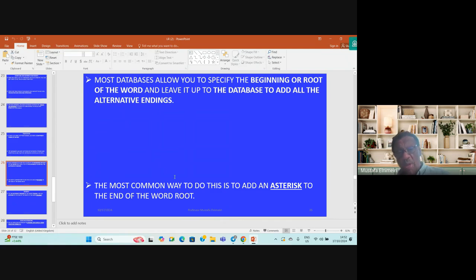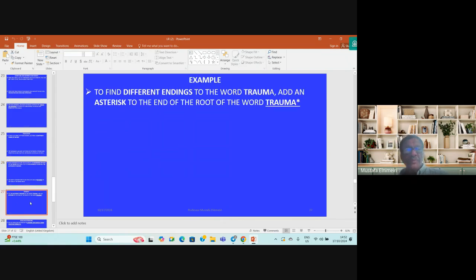The most common way to do this is to add the asterisk to the end of the word root. To find different endings to the word trauma, for example, add an asterisk to the end of the root of the word trauma. This will give you all the words with different endings, whether traumatized, traumatic, traumatizing, etc.